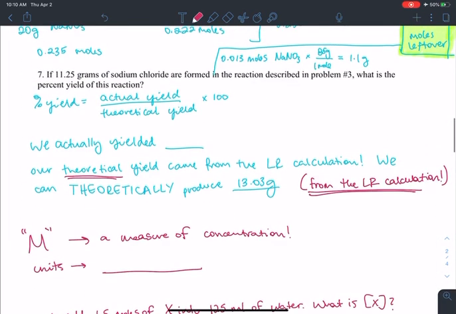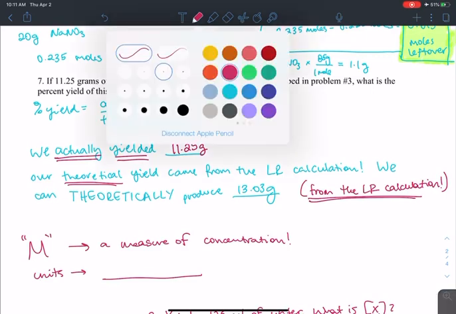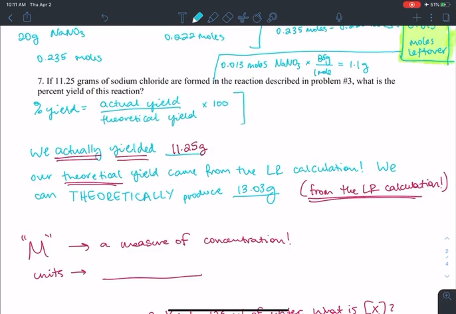The question says, though, that when the experiment was actually done, they actually yielded only 11.25 grams. They didn't get the 13.03. Maybe something went wrong. Maybe someone measured something wrong. Maybe they didn't let the reaction run long enough. There's lots of reasons why it might not have worked out perfectly. So to calculate percent yield, you take the actual yield over the theoretical yield and multiply it by 100.